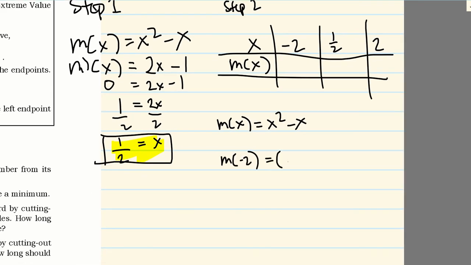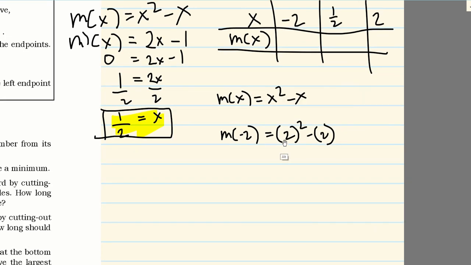At -2: 2 square minus 2. Oh, it is negative. Alright, then -2 squared is 4. 4 minus negative, it is positive, equals to 6.